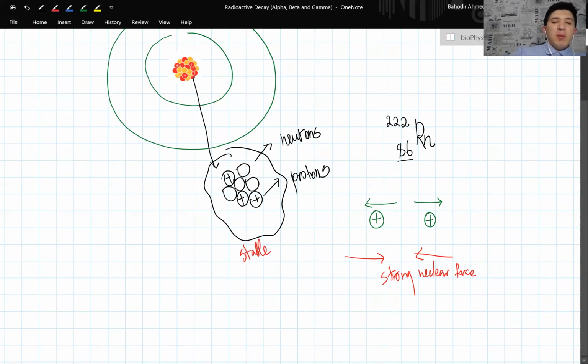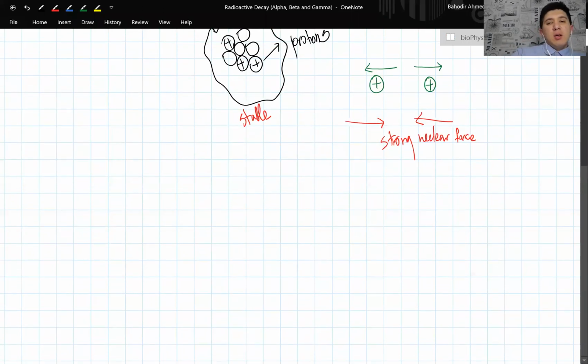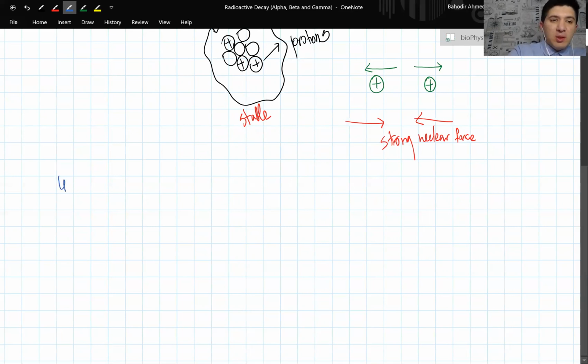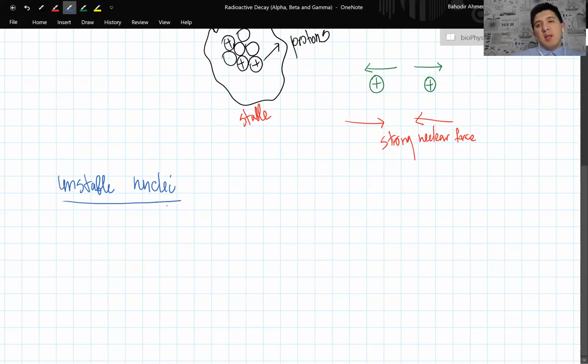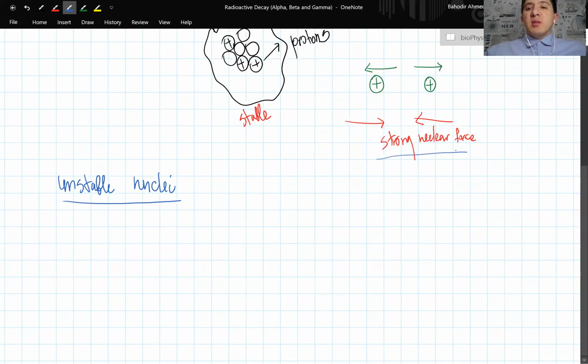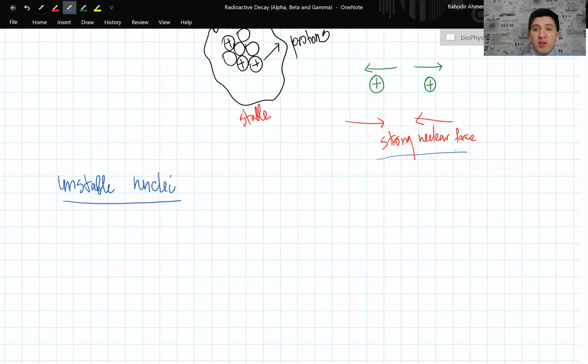The problem is not all nuclei are stable. So we can see unstable nuclei. Depending on the number of particles, or a bad combination of the number of neutrons and protons, this nucleus might be unstable, where the strength of the strong nuclear force becomes smaller than the strength of the electromagnetic force, for example.